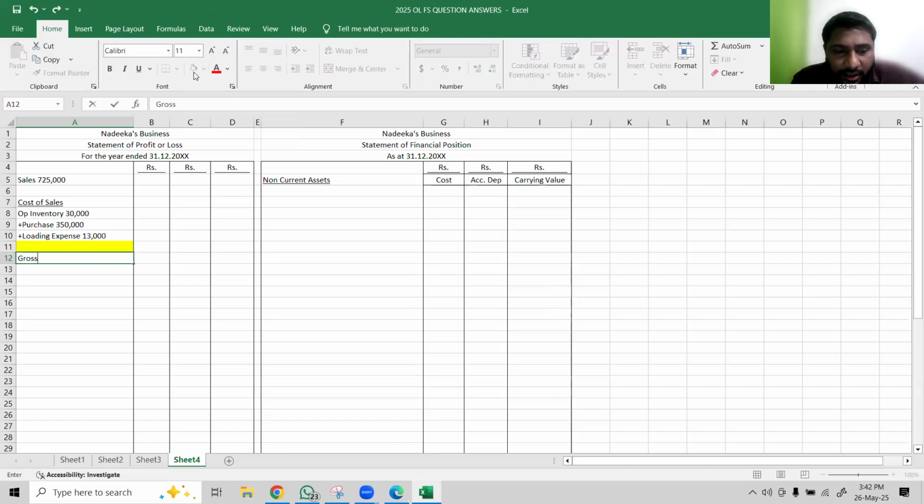Then we can go for the gross profit. Then we can go for the other income.